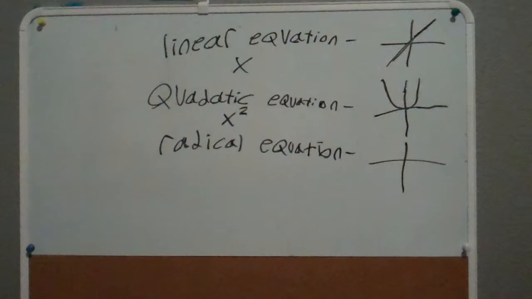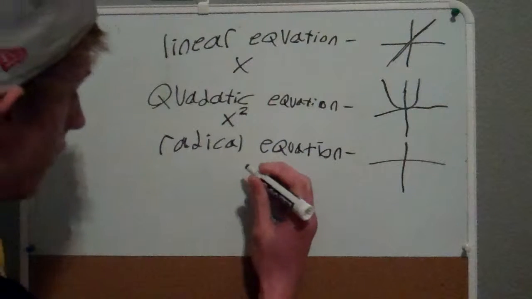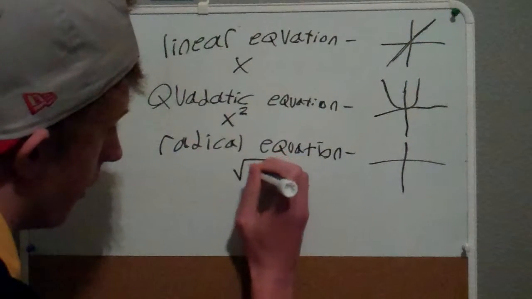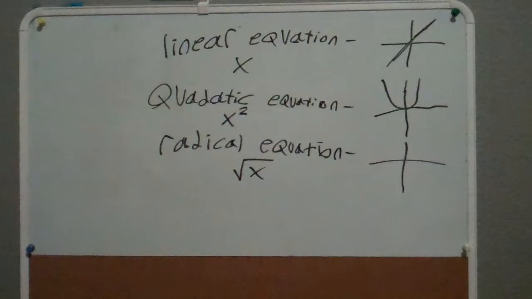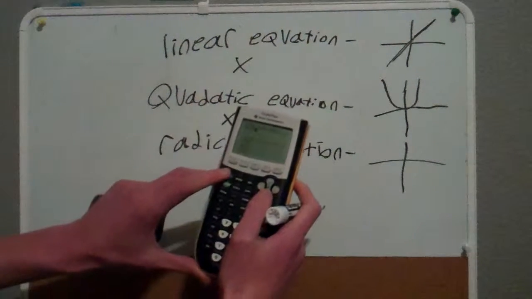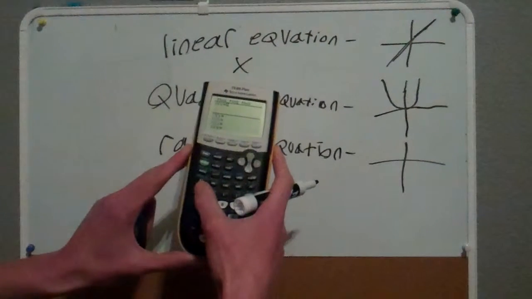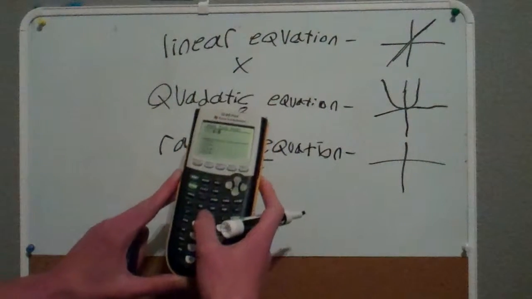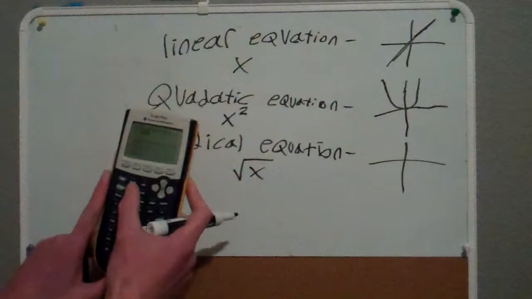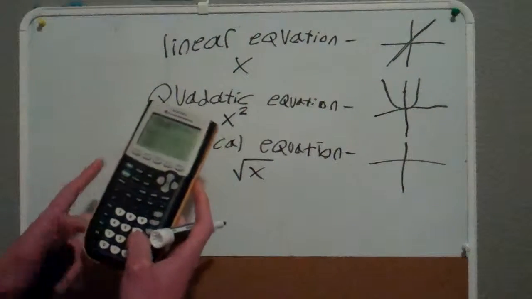Now, the radical parent function is just the square root of x, like that. Now we put that in our calculator. We're going to go second, and then x squared. Always remember to press second first, otherwise you're just going to square it for no reason.